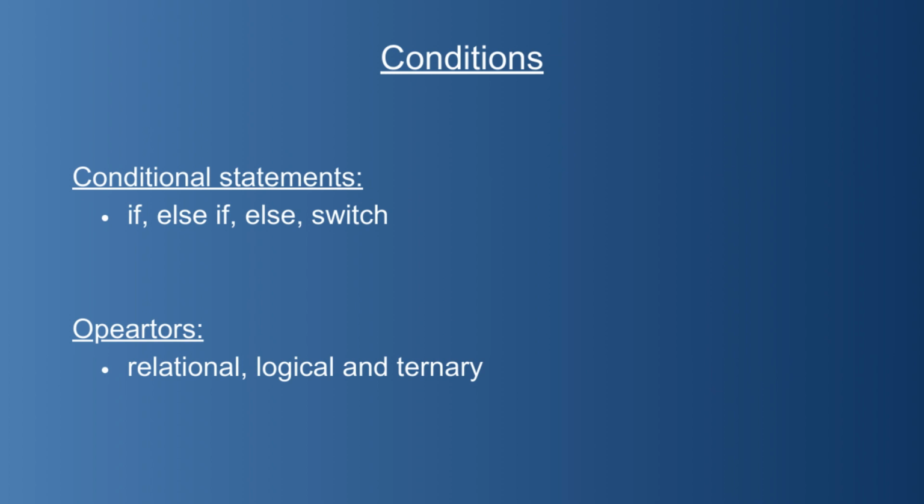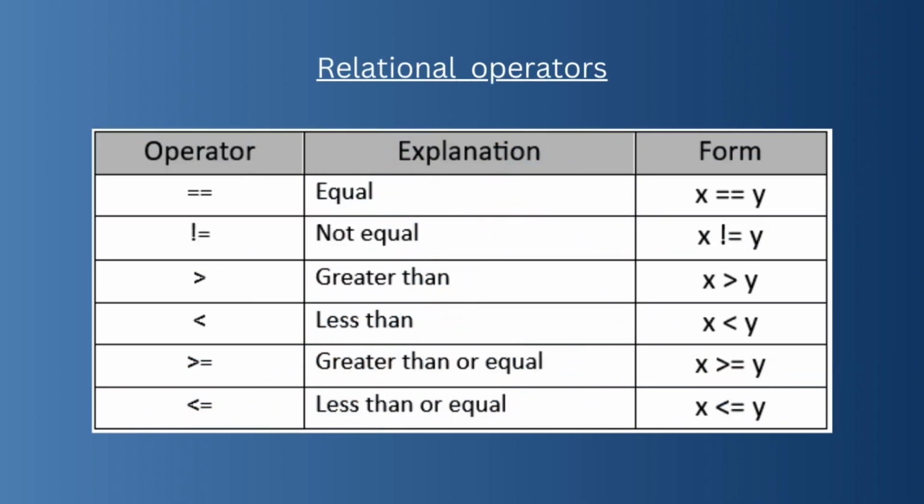Let's start with relational operators. Relational operators are used to compare values directly and values inside variables. So you cannot just compare values, you can also compare variables. First operator is equal operator, and it consists of two equal signs, unlike assignment operator, which consists of one equal sign.